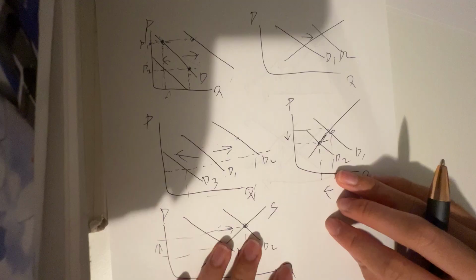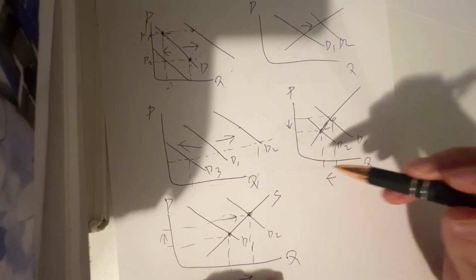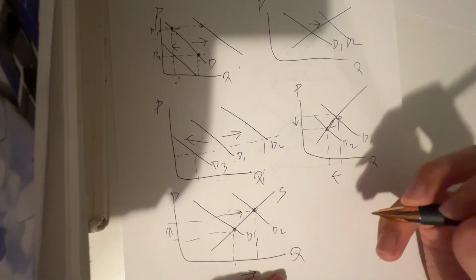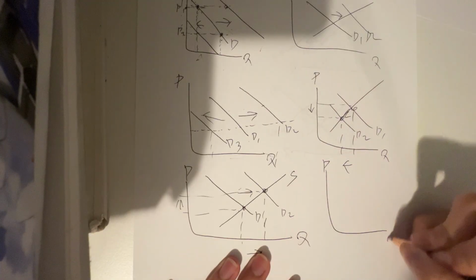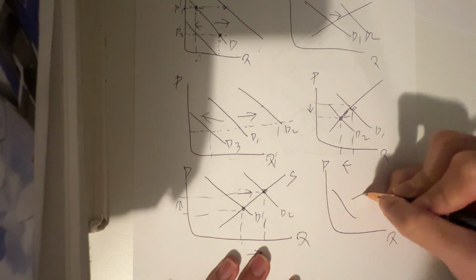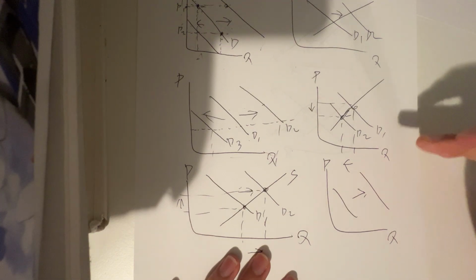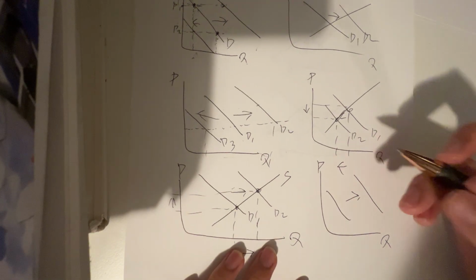If incomes rise, so that's another one, incomes, and let's just assume coffee's a normal good. If incomes rise, then demand will go up. That's because if people have more money, then they're going to want to purchase more normal goods.